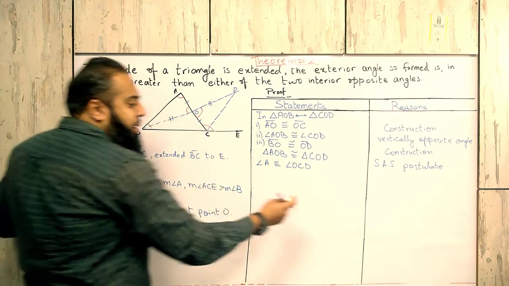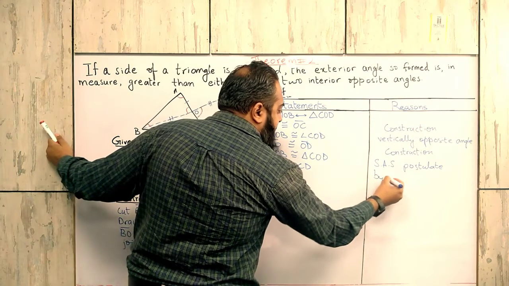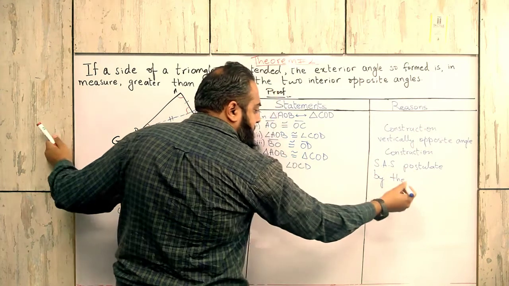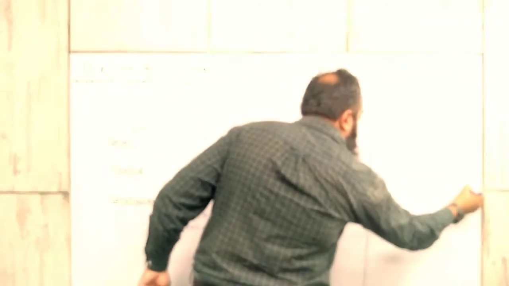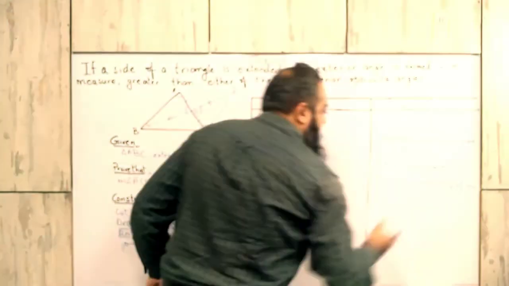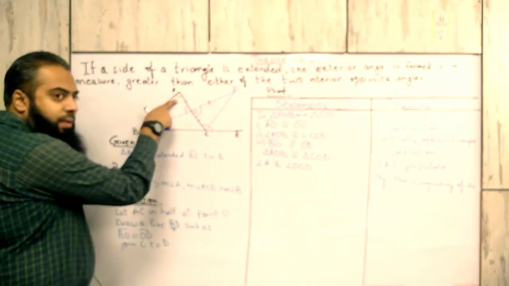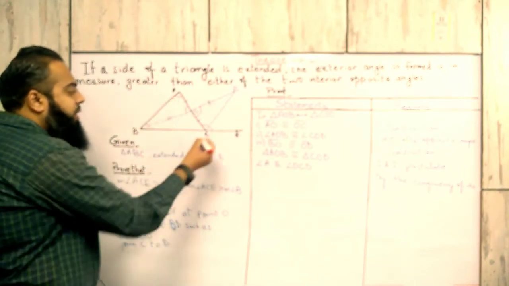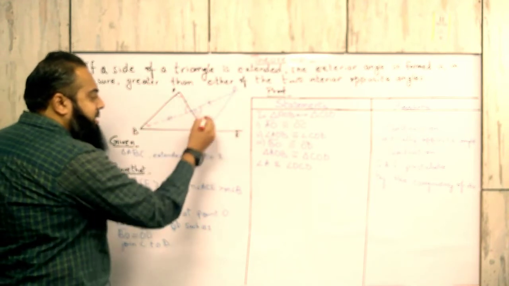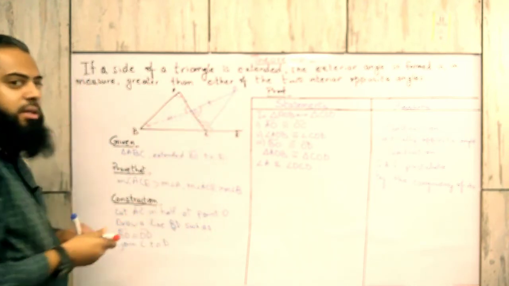Because by the congruency of triangles, you can clearly see that angle A will be congruent to angle OCD, this angle OCD.